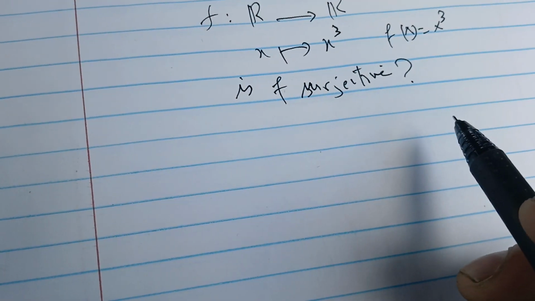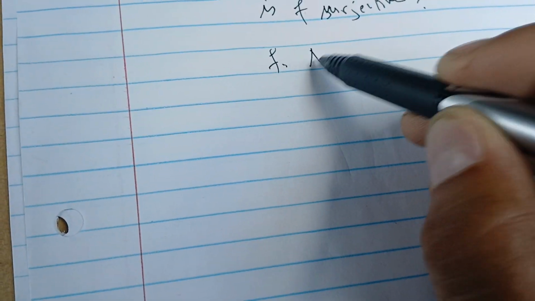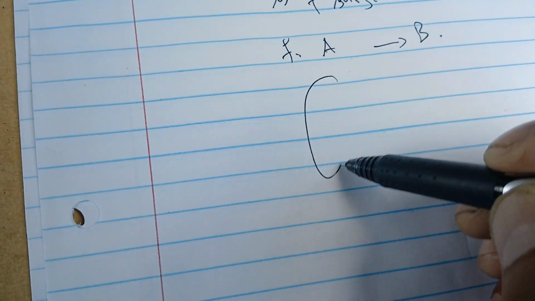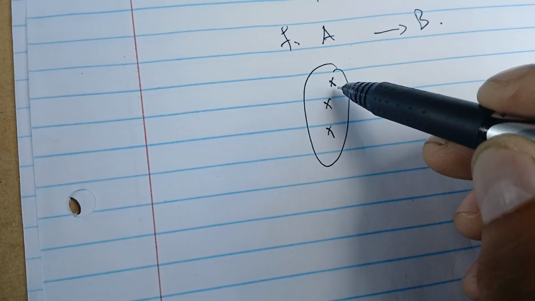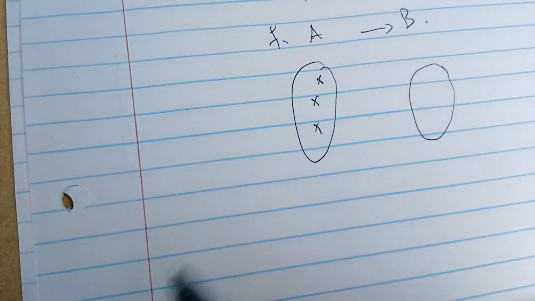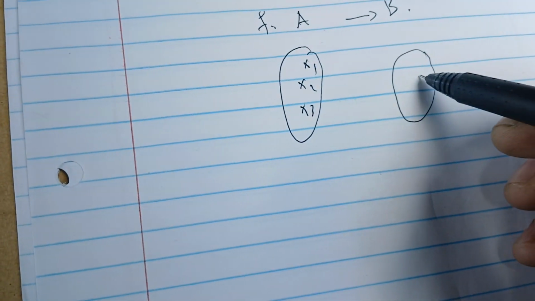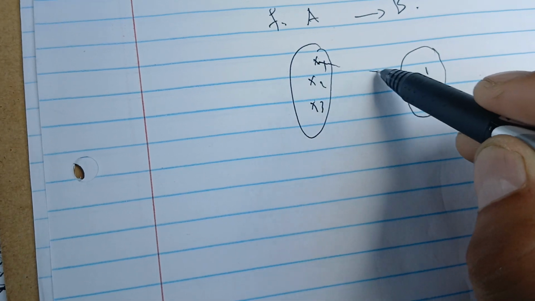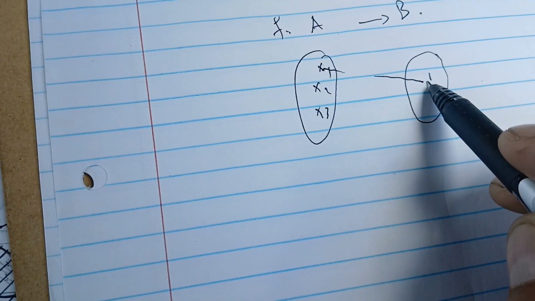Before that, let's see if we can do this for some small function defined from A onto B. Say we have these elements, 1, 2, 3, and this is 1. If they go to 1, we have only one element.